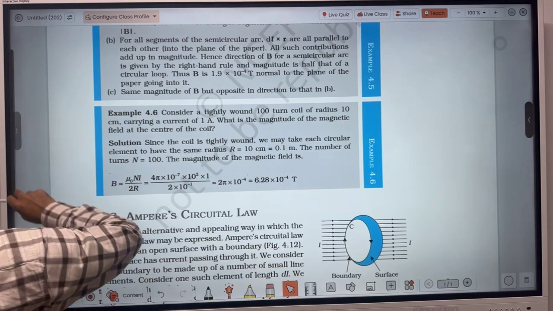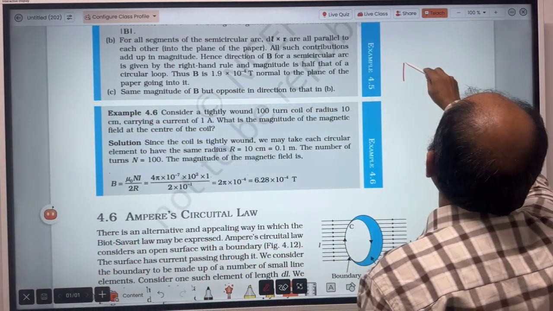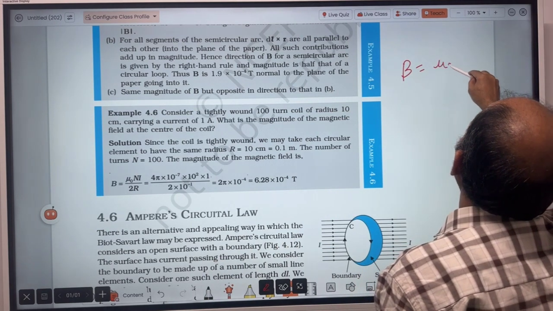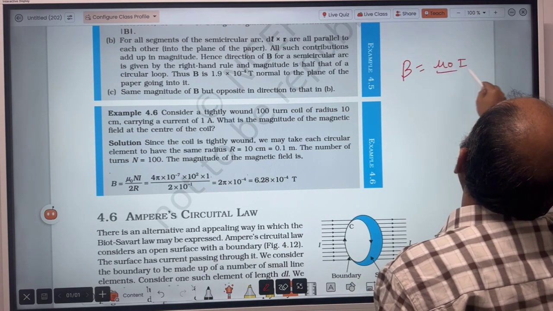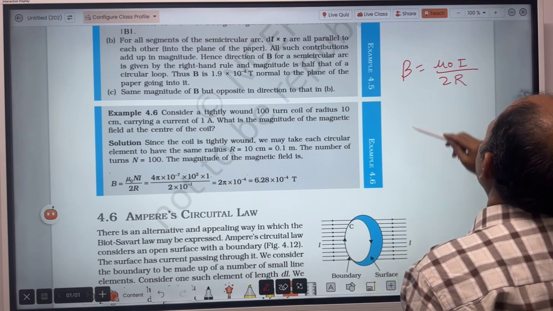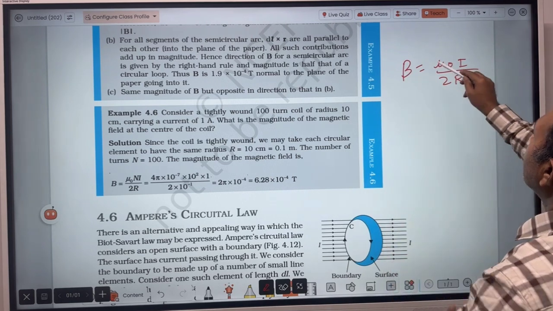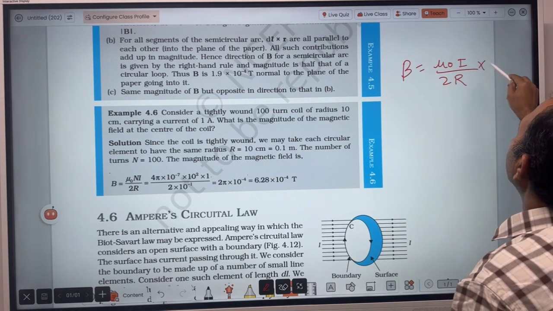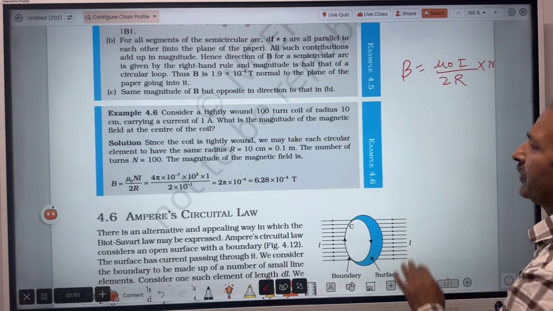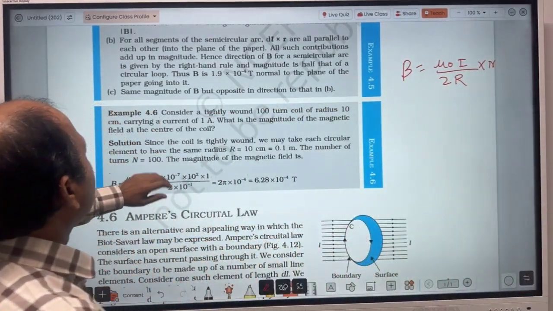We have recently derived the result, if you remember, that B at the center is mu naught I divided by 2r, where r is the radius of the ring. Now, if the ring contains n turns, then the formula will get multiplied by n, and no more changes will take place.